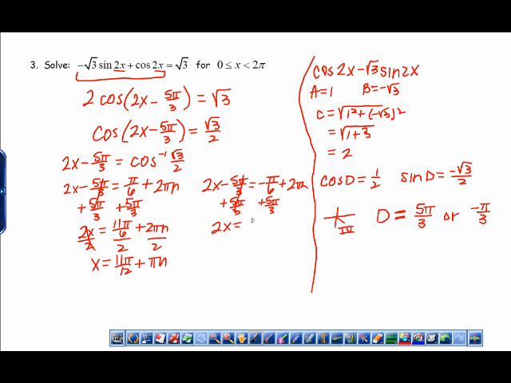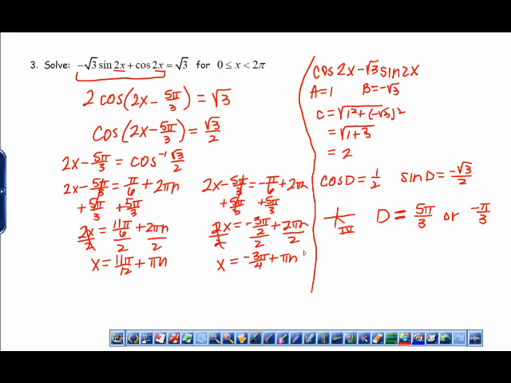So that would give me negative 9 pi over 6, which simplifies to negative 3 pi over 2, and then plus 2 pi n. Then you want to divide everything by 2 again, so that you just get x equals negative 3 pi over 4 plus pi n.